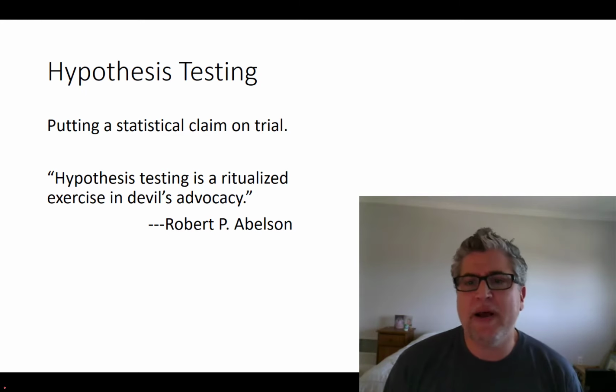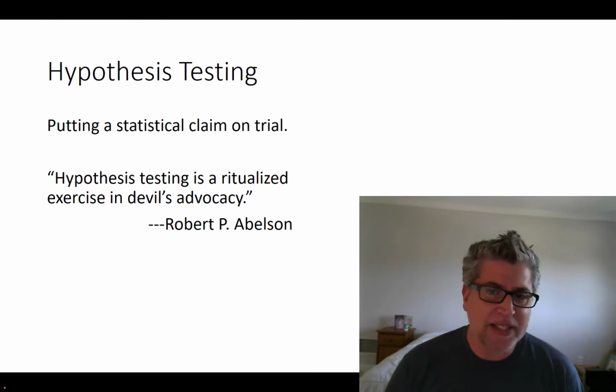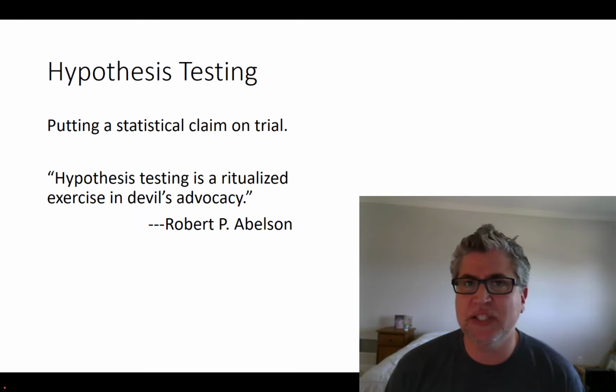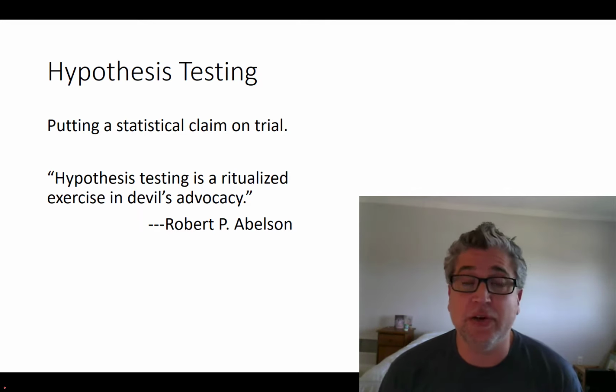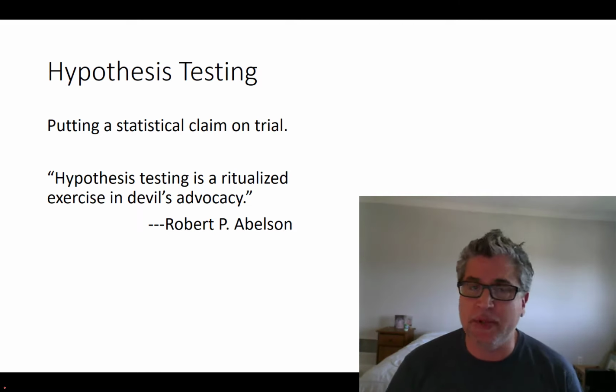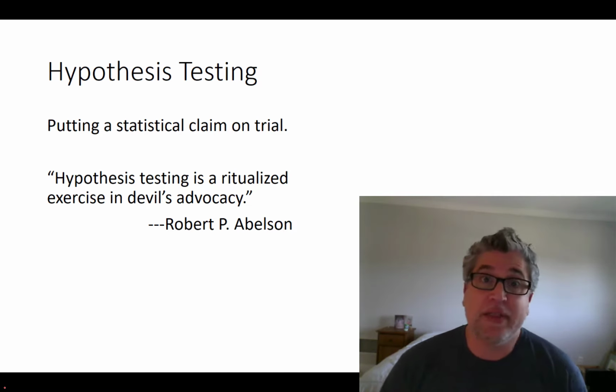So the thing to know about hypothesis testing is that we're testing some kind of statistical claim. Maybe it's the claim that a coin is an unbiased coin and that it's heads or tails 50-50. Maybe that the mean for the population is a particular number. Like let's say the average income in the US is $30,000.